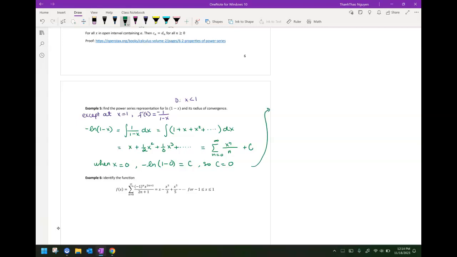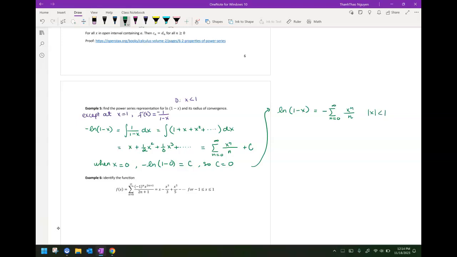Now let's multiply the whole thing by negative 1. So ln of 1 minus x is the negative of the sum of n from 1 to infinity of x to the n divided by n, where the absolute value of x is less than 1.